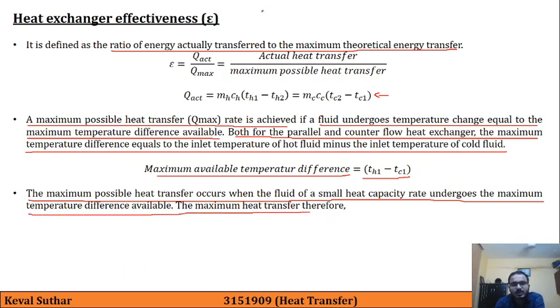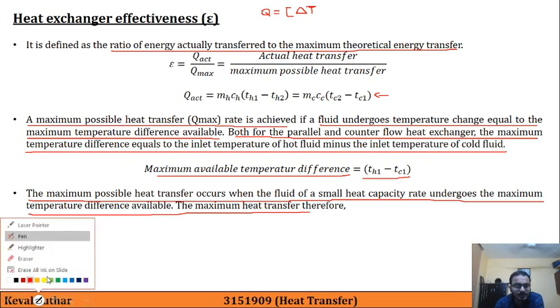So as our formula is Q is equal to C into delta T, now it is required that delta T has to be maximum in this case.